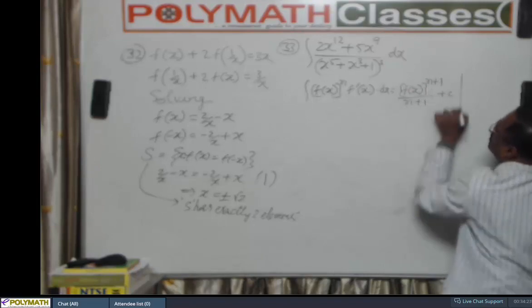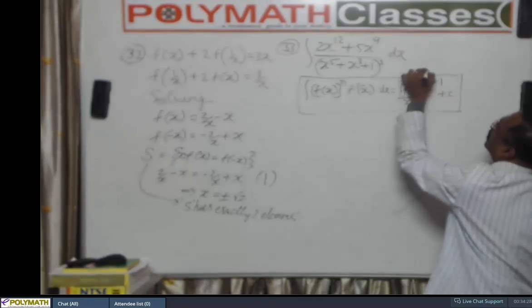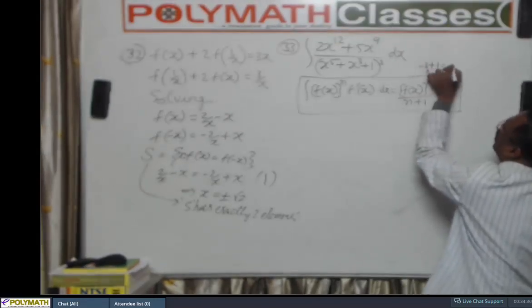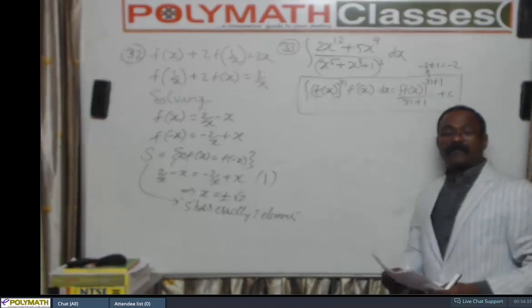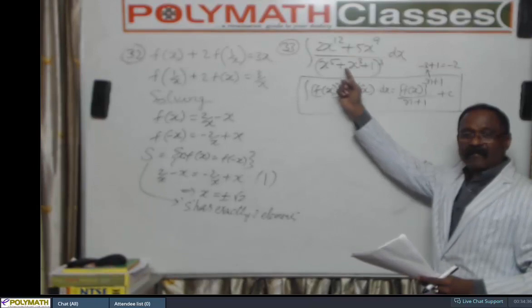Here it is something like minus 3 plus 1 becomes minus 2, brought to the denominator becomes plus 2. So try to convert this integral to this form.